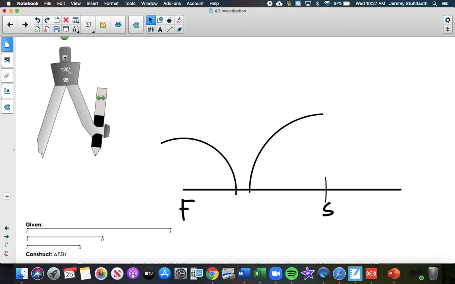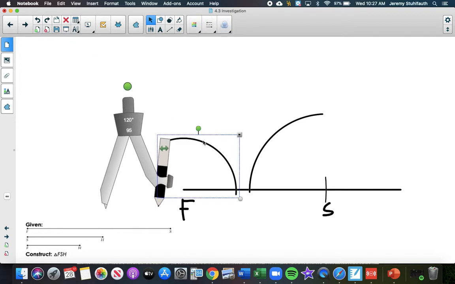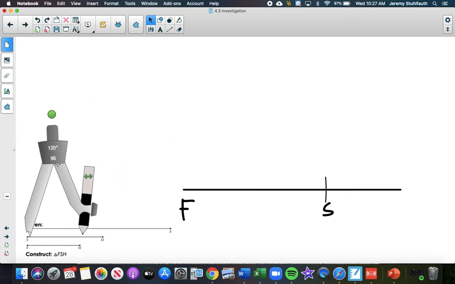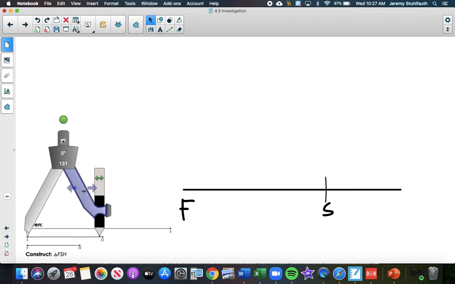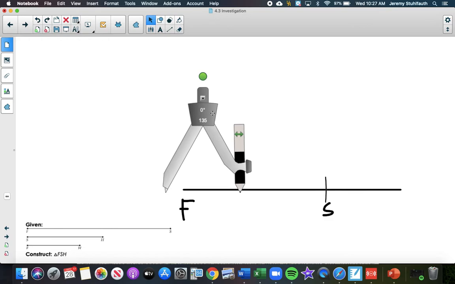If we were to go back and take a look at this, here's FS. Let's just take a look at what happens here if we check the distances of FS compared to SH and FH combined.